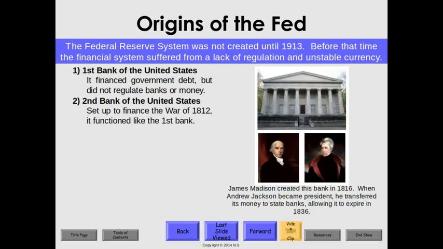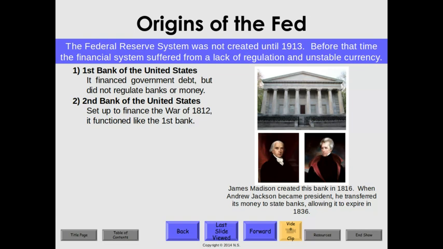But we get in another war, the War of 1812, and James Madison realizes they really need this national bank right now, as they're yet again in a war. So they set up the second bank of the United States, which functioned essentially the same way as the first bank.